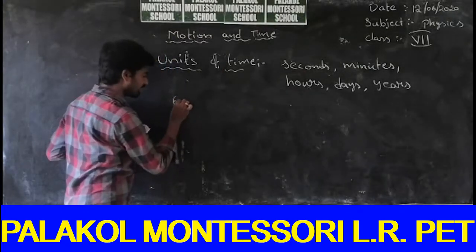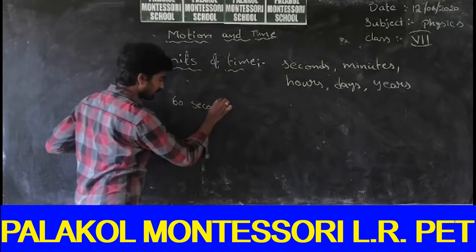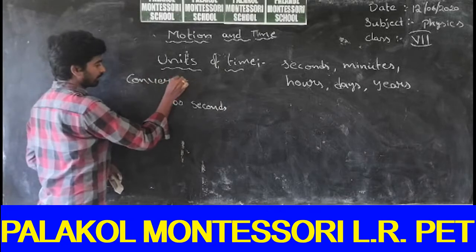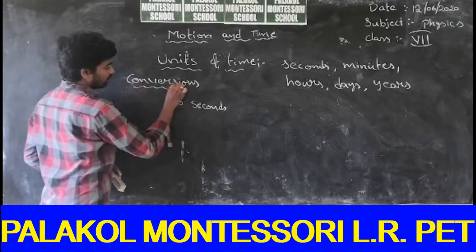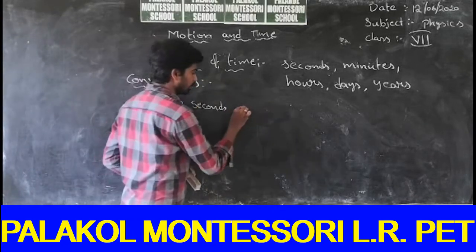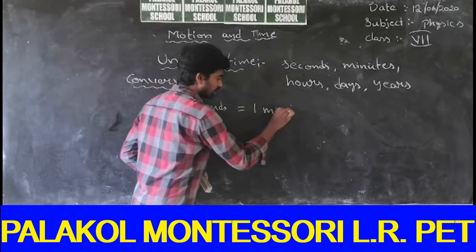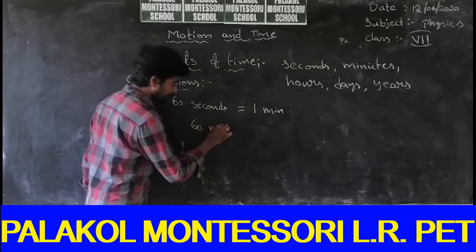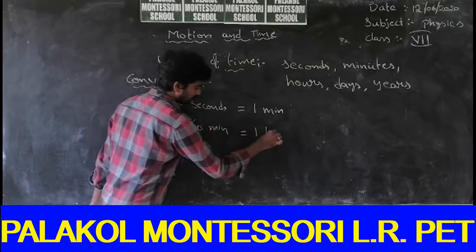60 seconds is equal to 1 minute, and 60 minutes is equal to 1 hour.